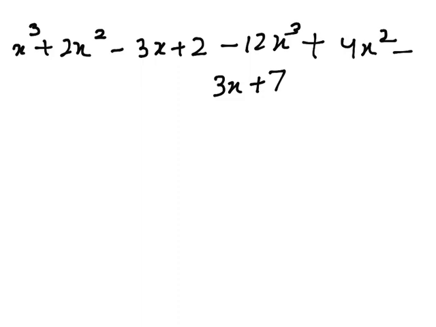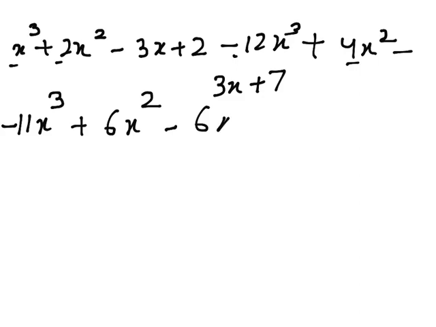So let's start with collecting the like terms. x cube and minus 12x cube will give us minus 11x cube, plus 2x square and plus 4x square will give plus 6x square, minus 3 and minus 3 will give minus 6x. 7 plus 2 will be 9. So the required answer will be this.